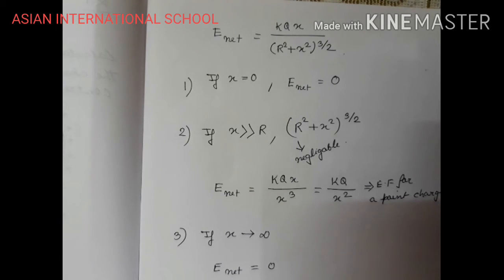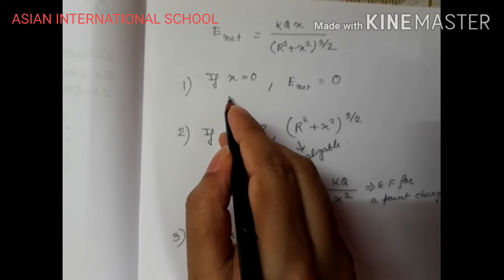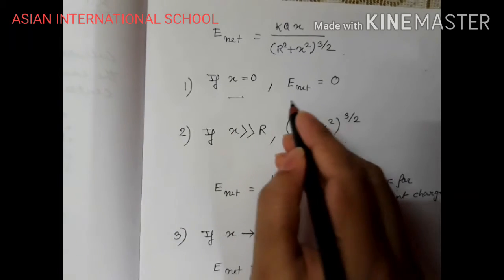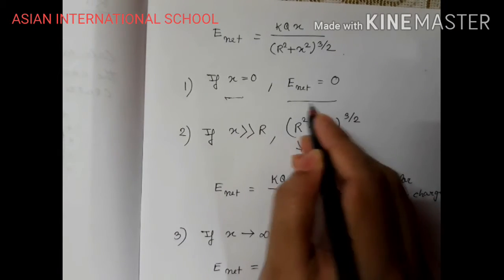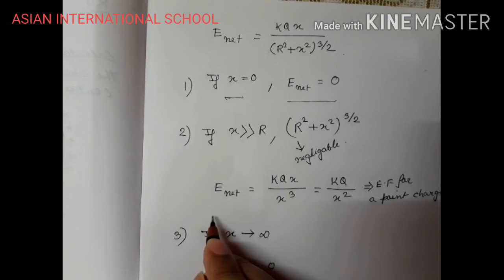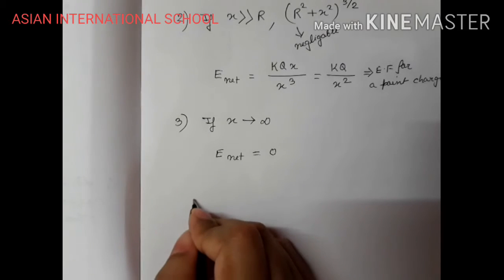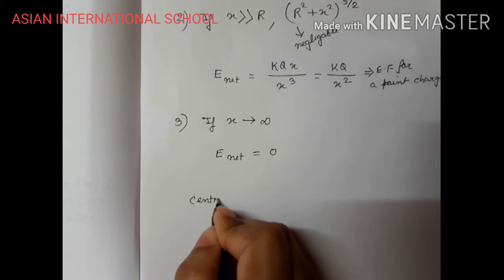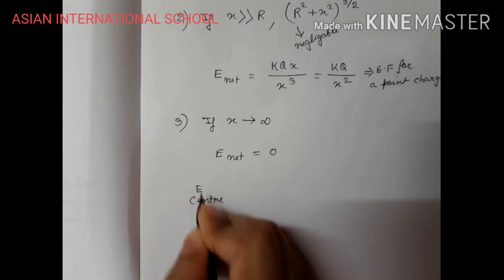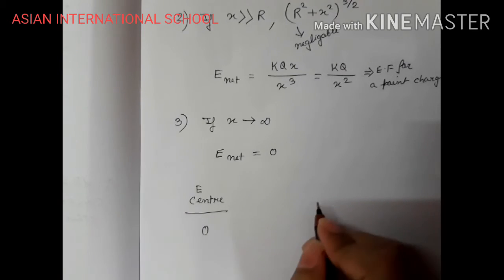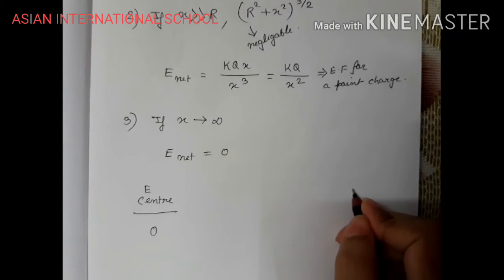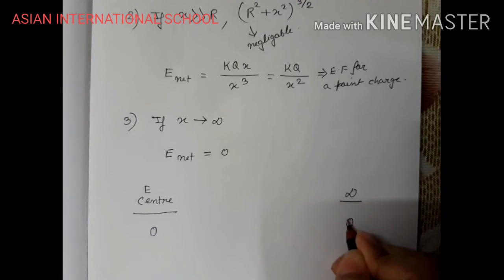So from these three cases: the electric field at the center becomes 0. When it is placed at infinity, again it becomes 0.